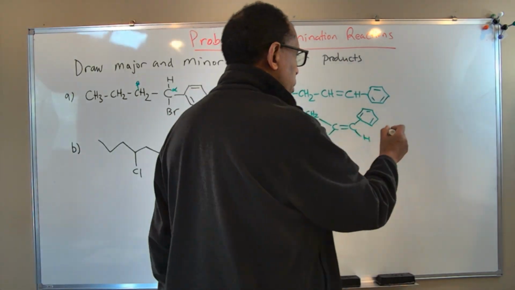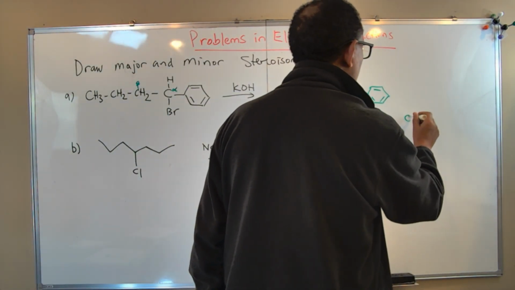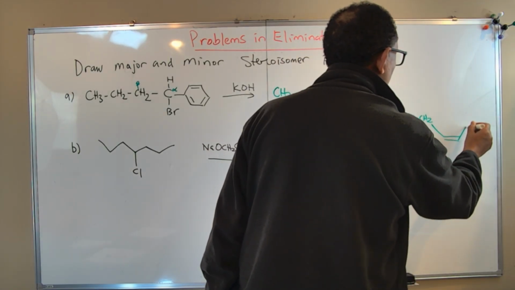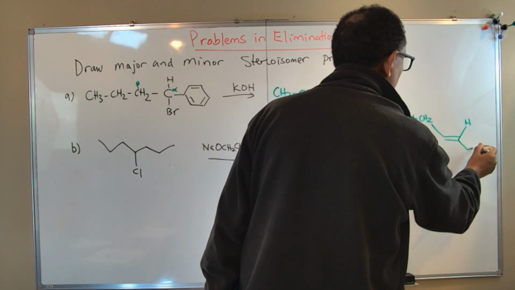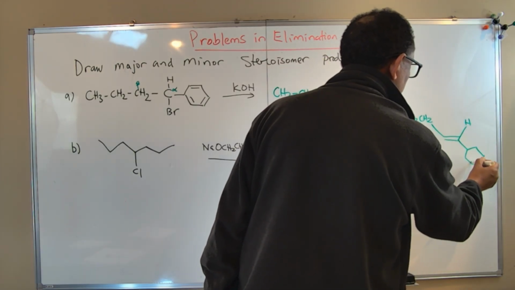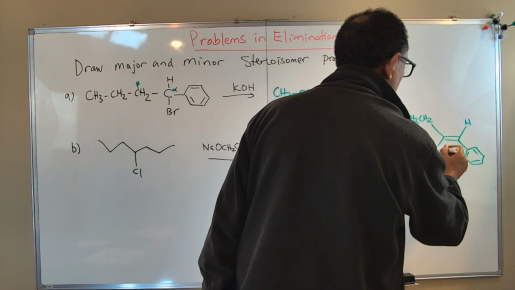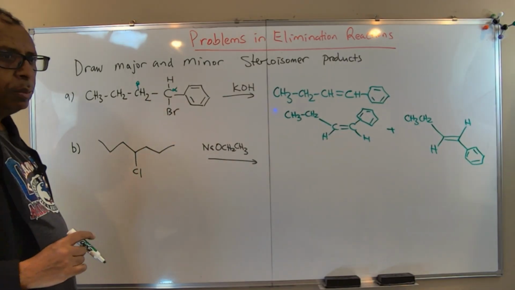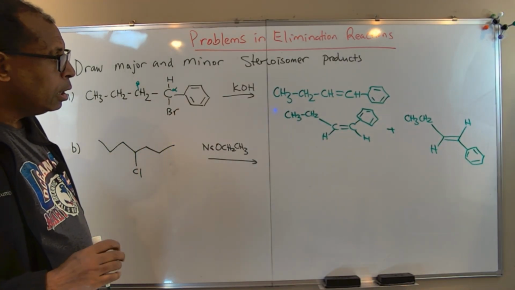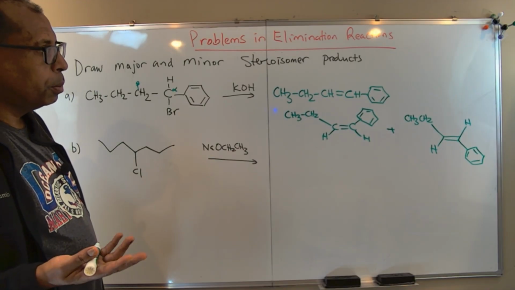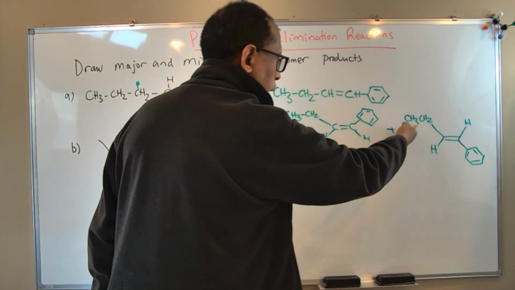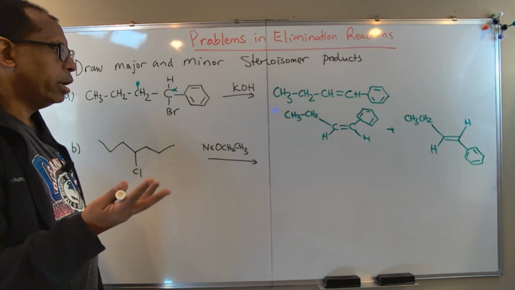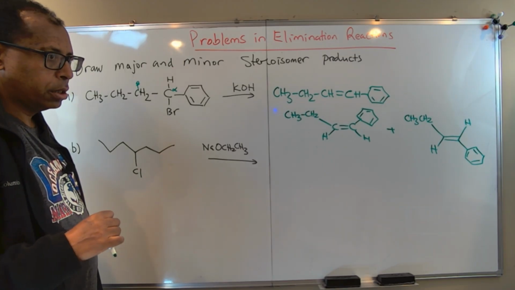Definitely, you could also produce another one, which is CH3, CH2, and here is hydrogen, here is the phenyl group. So you have two products from this elimination reaction. What we understood is that both are disubstituted. So in terms of major and minor, the stability of the alkenes is still important.